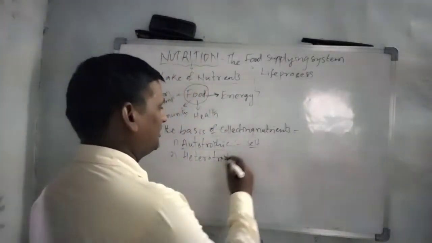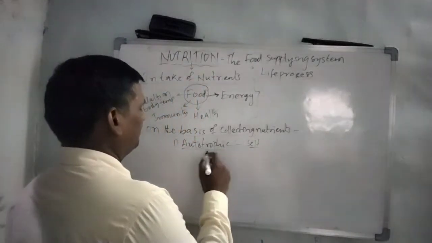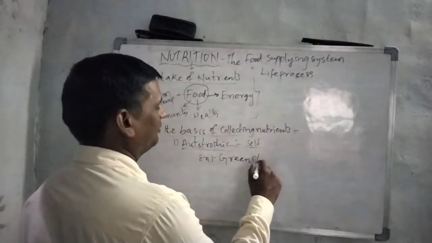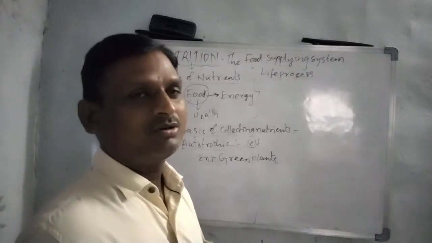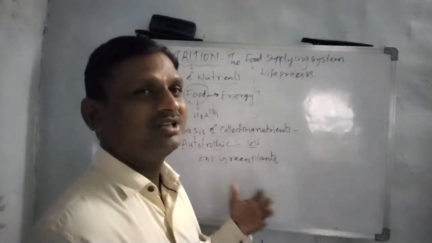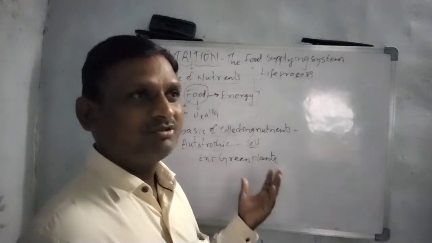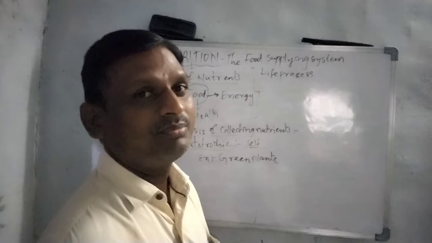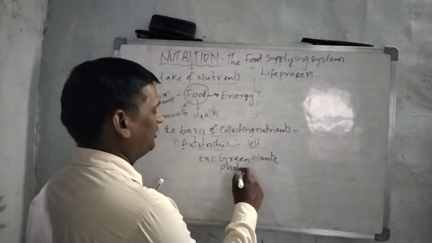If we see the example for autotrophic nutrition, the example is green plants. Especially why are we calling them green plants? Because there are some plants which cannot prepare the food material by themselves, like some insectivorous plants and some parasitic plants. So we should mention here the green plants. And also some photosynthetic bacteria.